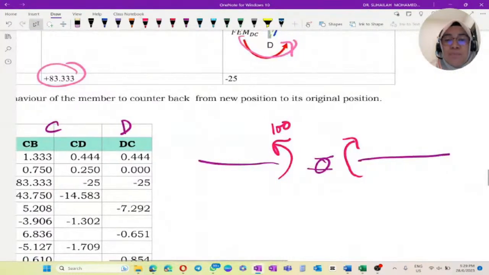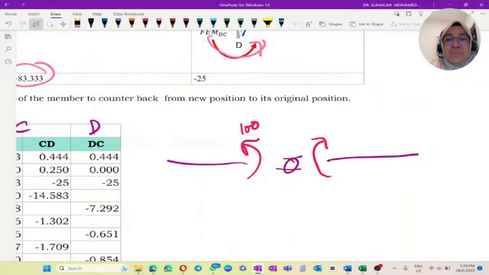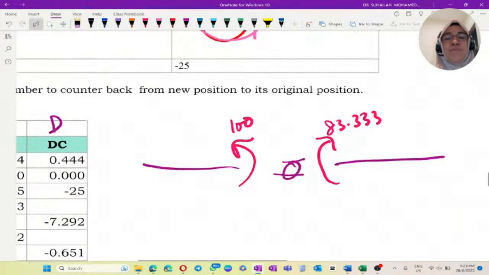Negative and positive. The fixed end moment that we write in the table represents member end moment. Anyway, the moment that we distribute is not this, but the joint moment.